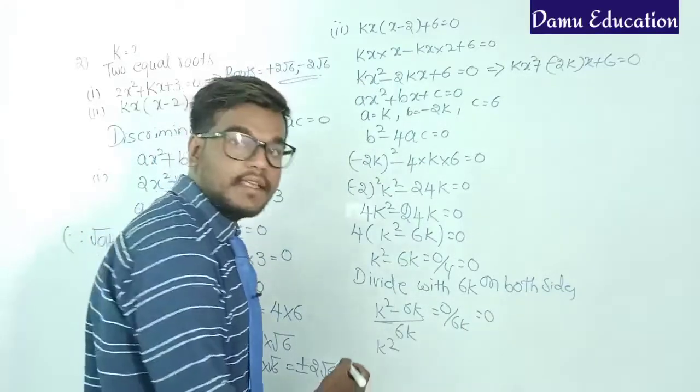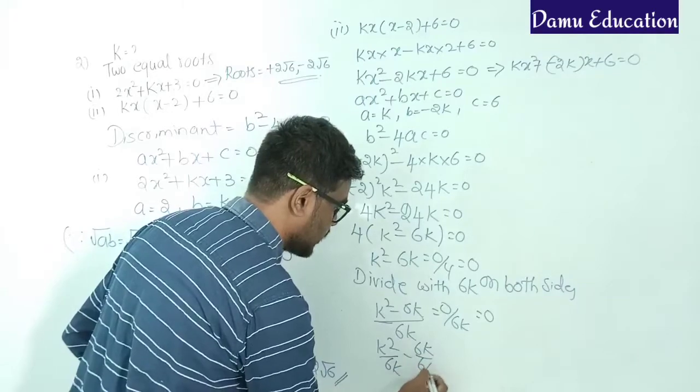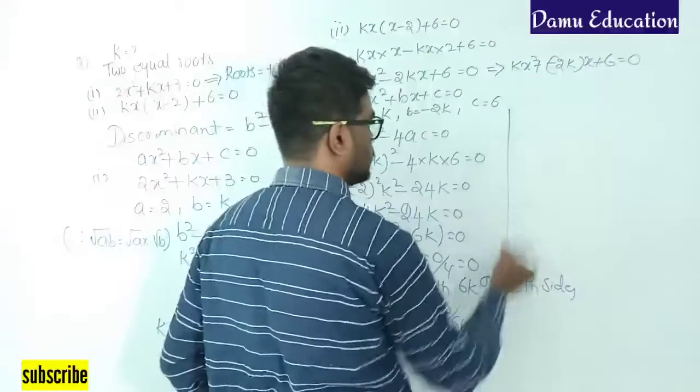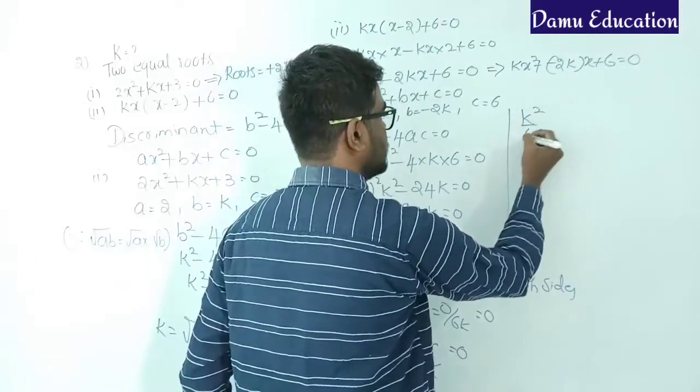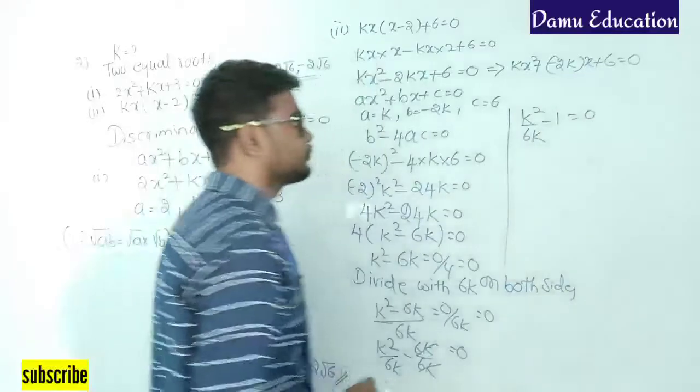Then k square by 6k minus 6k by 6k, and 6k cancels, so k square by 6k minus 1 equals 0.